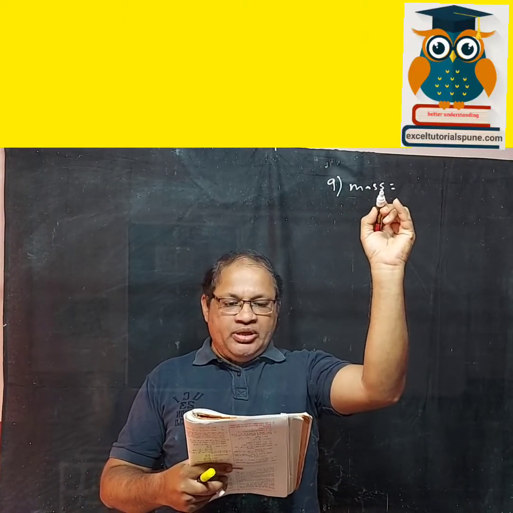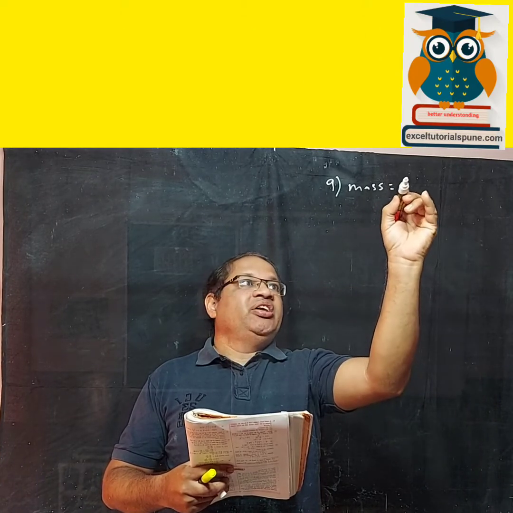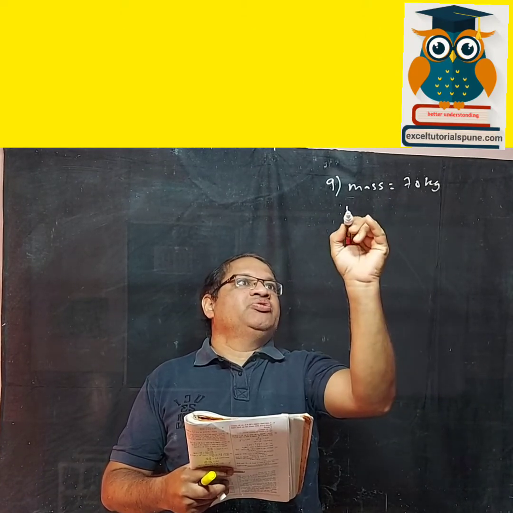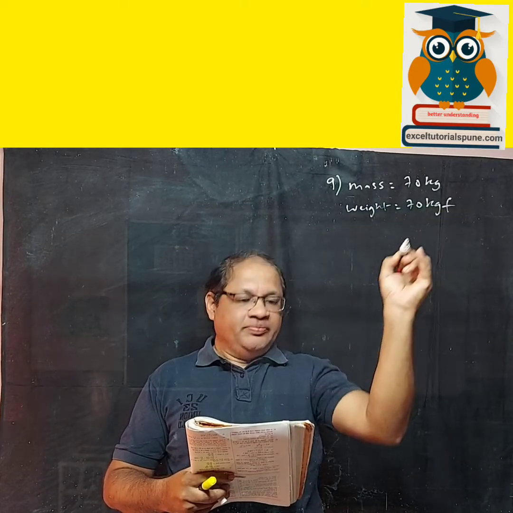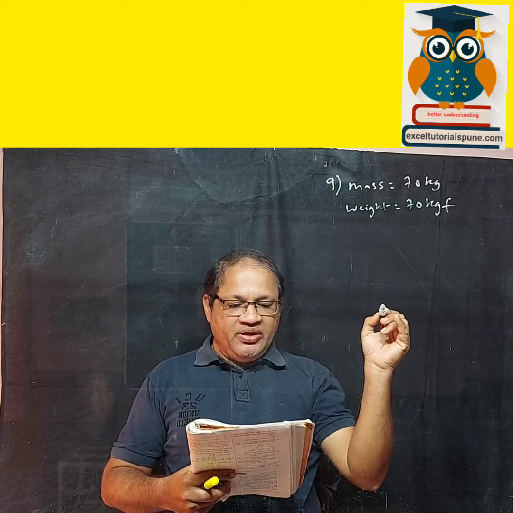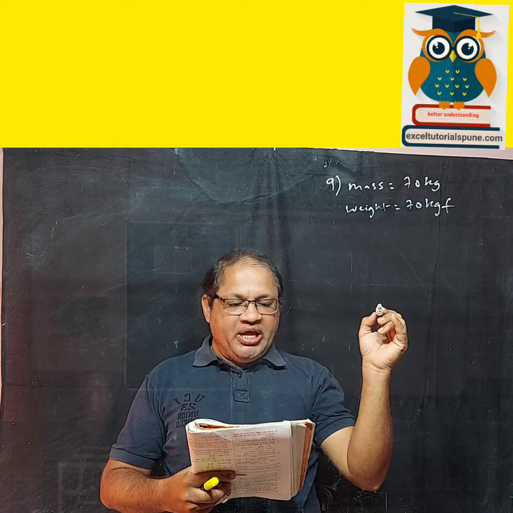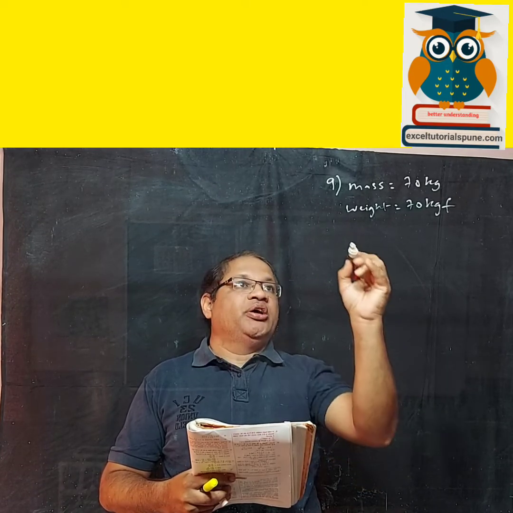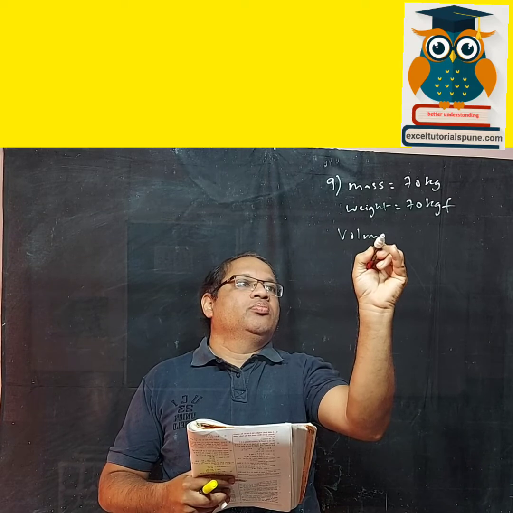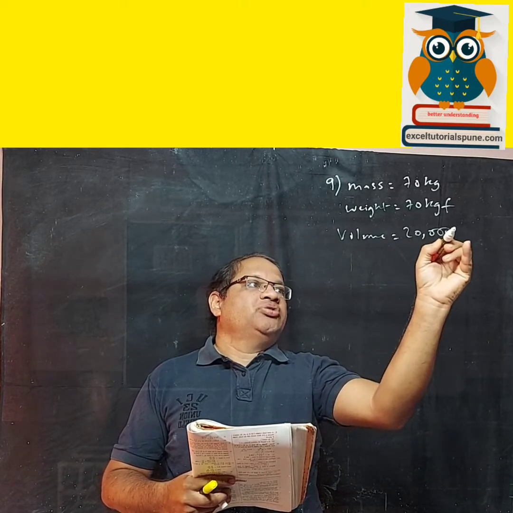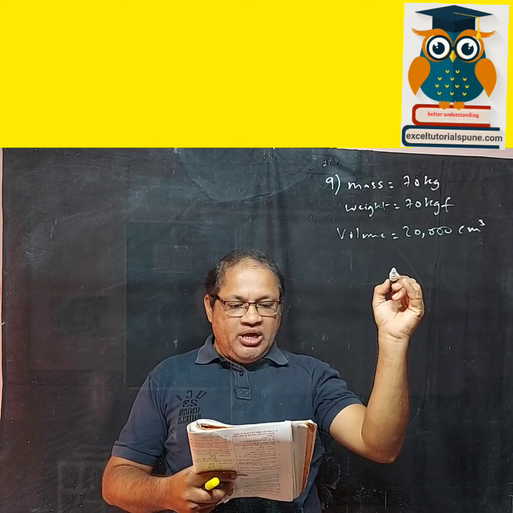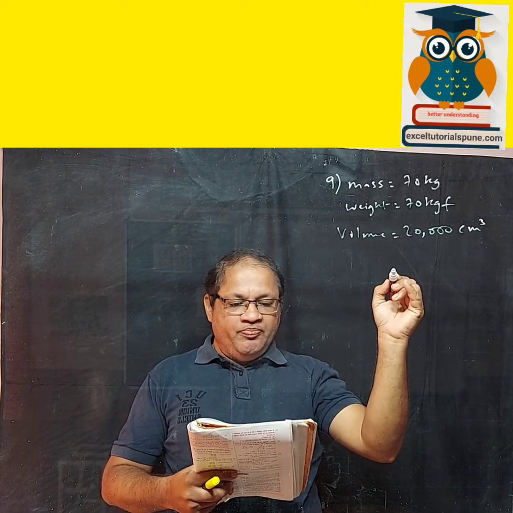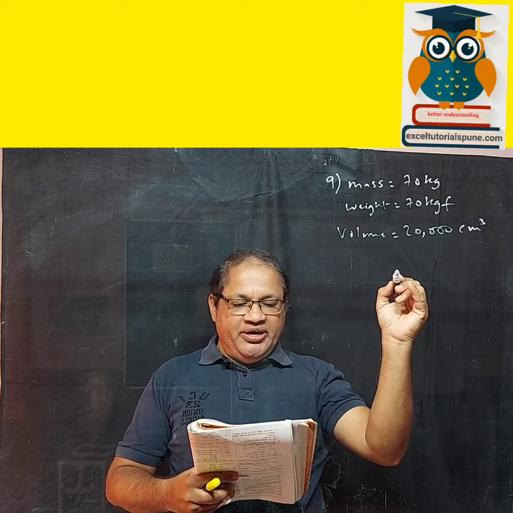mass, that is 70 kg. That means weight will be 70 kgf. Then they have given it displaces 20,000 centimeter cube of water, that is volume 20,000 centimeter cube. Okay, then you have to find out the weight of the body in water and relative density.